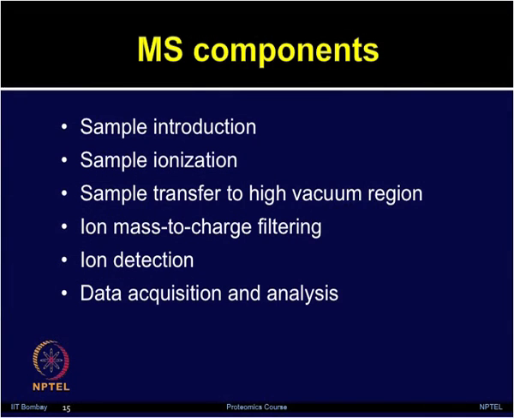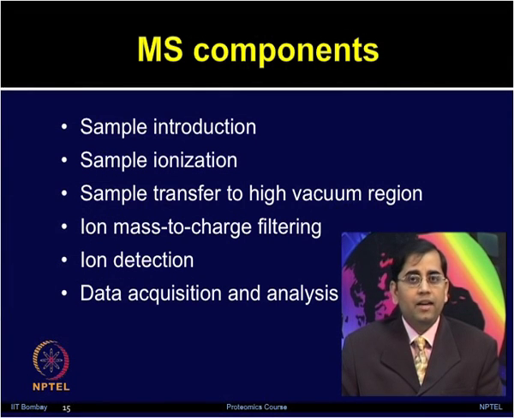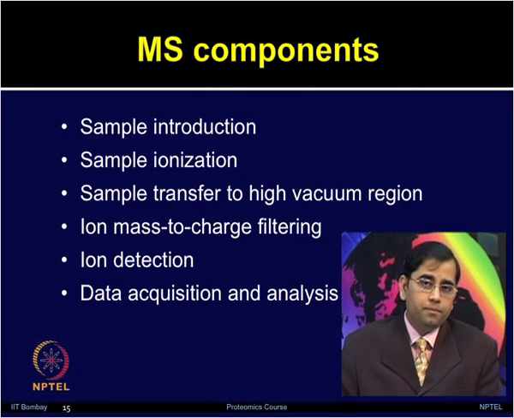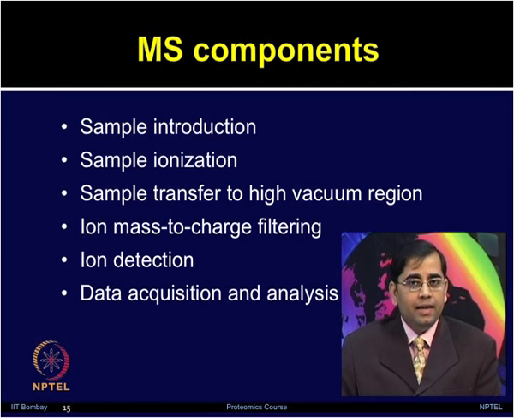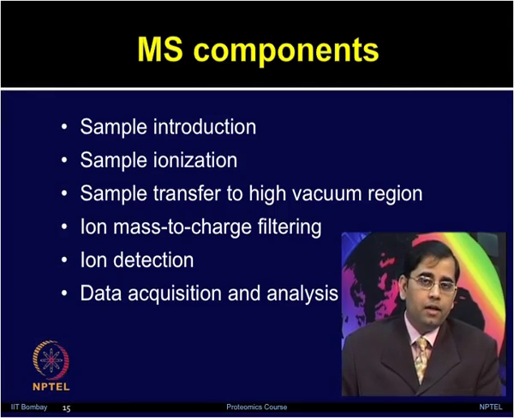Sample ionization, there are various types of ionization sources currently available. Sample transfer to the high vacuum region. The ion mass to charge filtering can be performed by the mass analyzers, ion detection by using detectors, and then data acquisition and analysis by using the data system. All these are an integral part of the MS components.